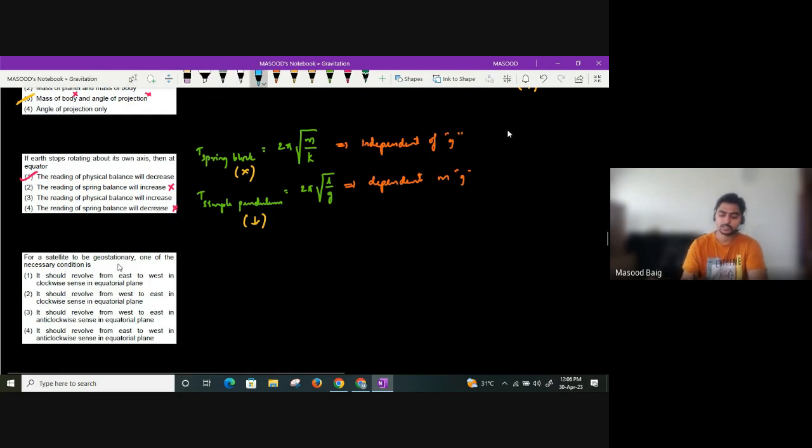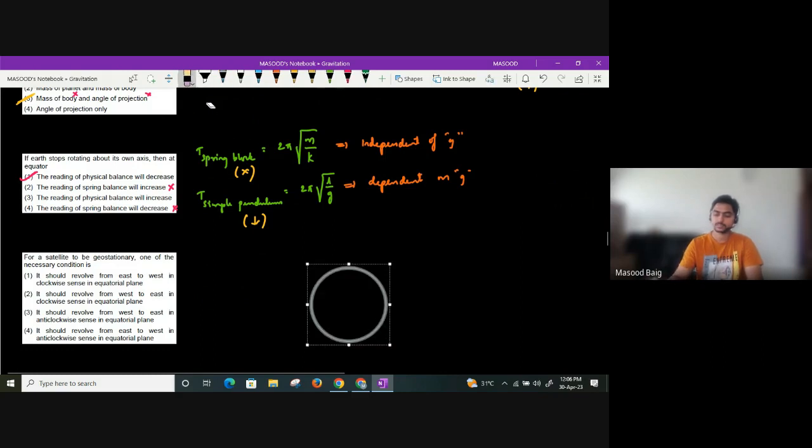For a satellite to be geostationary, one of the necessary conditions is that it should revolve in an equatorial plane, from west to east. If this is the Earth, imagine it rotating about its own axis in this sense.